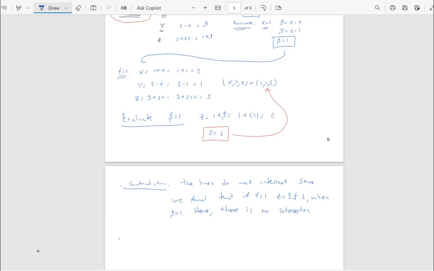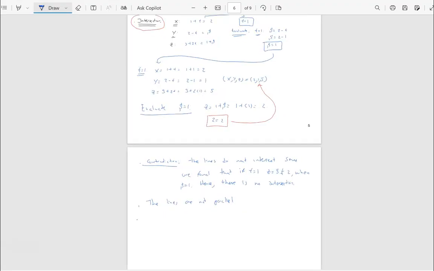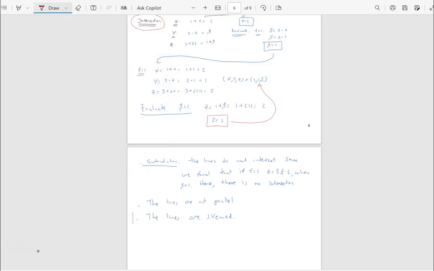We also checked the lines are not parallel. And then the final portion, we can conclude the lines are skewed. And in this case, this is the only conclusion.